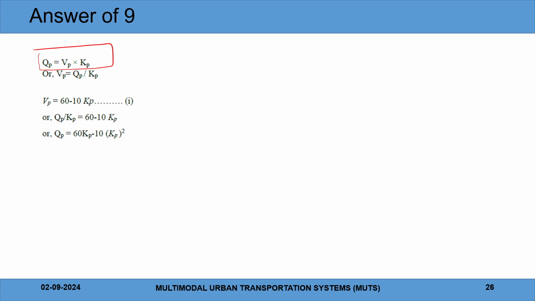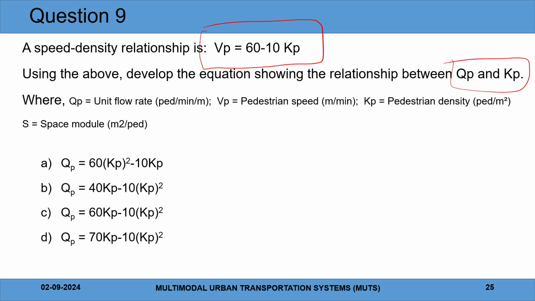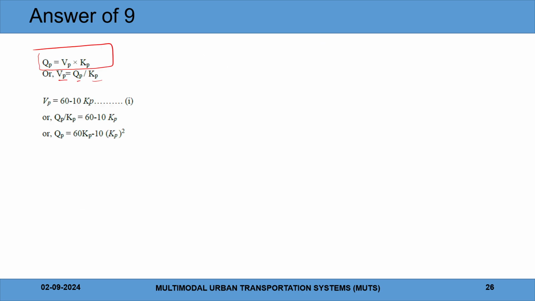Similar to this case, from there vp equal to qp by kp. Now the relationship is given between vp and kp and it is asking for qp and kp.